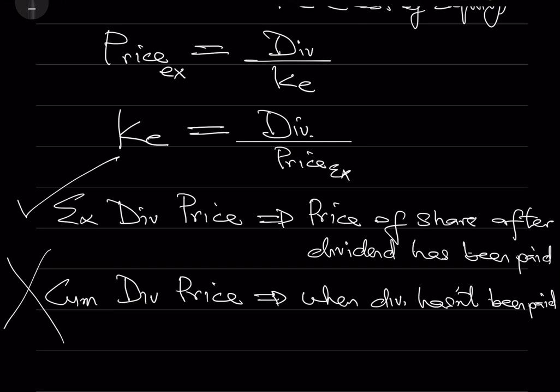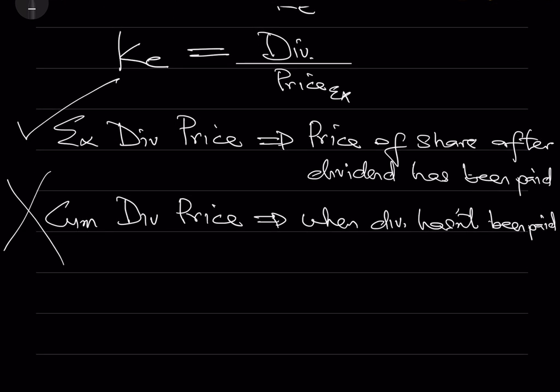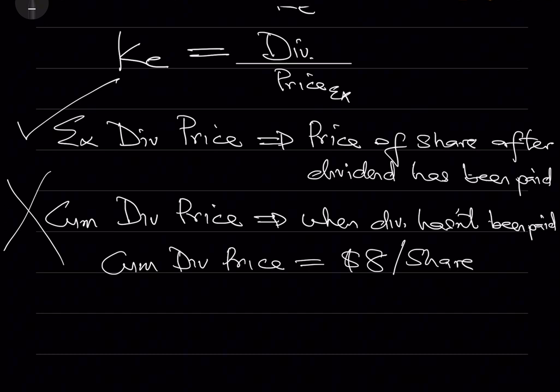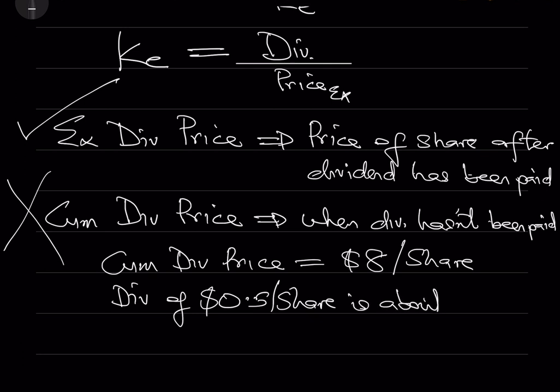We don't use this. So if the question gives you cum dividend price, say $8 per share, and the question says dividend of $0.5 per share is about, so that's another tricky way to put the question, is about to be paid, then you know that you must determine your ex-div price.